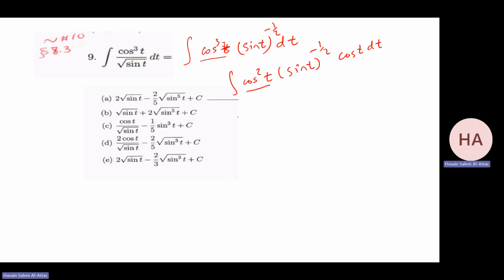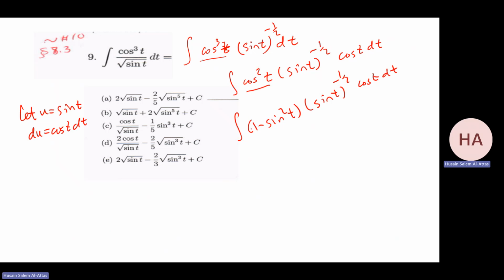So I need to change this into sine. That will be 1 minus sine square t, sine t to the power minus half, cosine t dt. I let u to be sine t, du will be cosine t dt, no need for minus sine. That will be 1 minus u square, u to the power minus half, du.